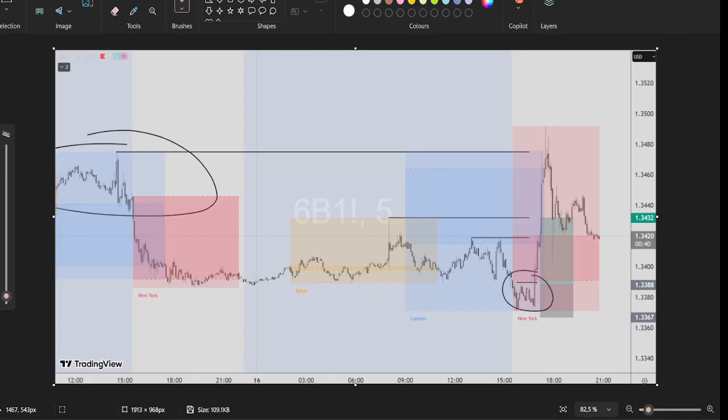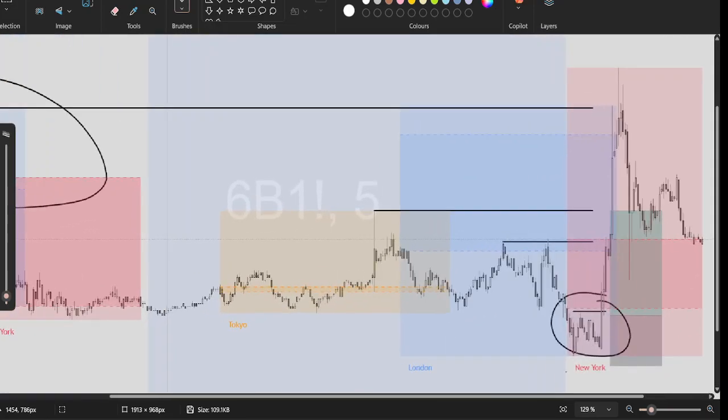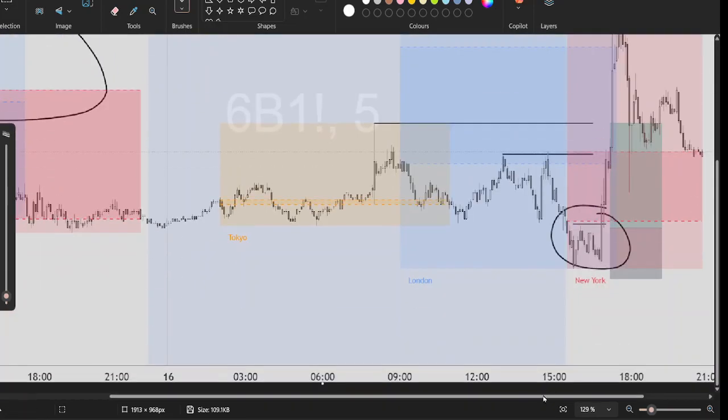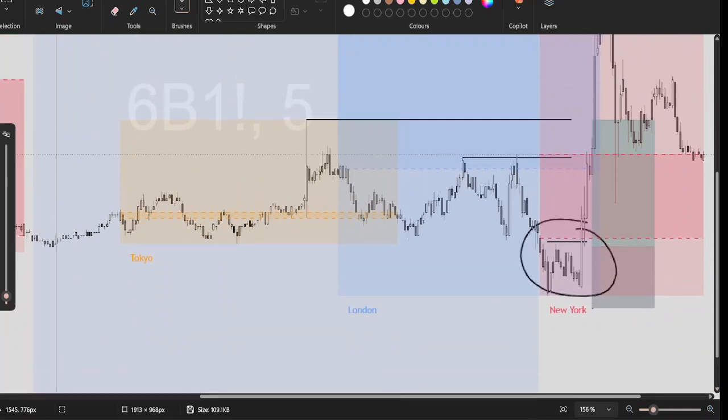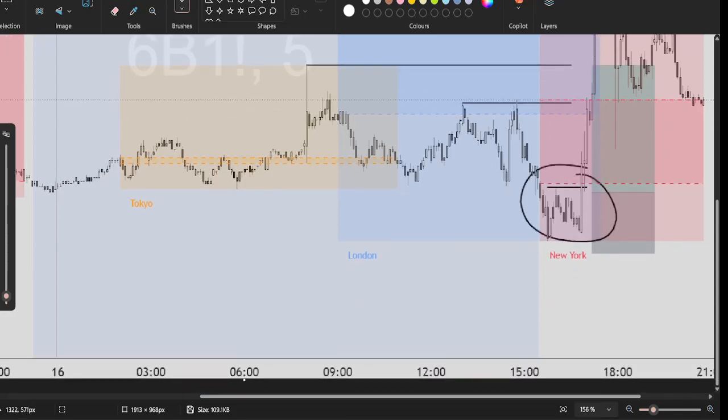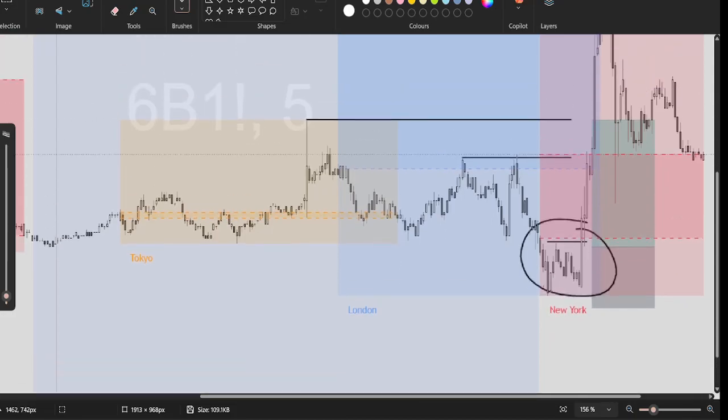And so this is 5 minutes, and I could pull it up on 1 minute and we could see maybe more clearly, but there was a possibility to enter long, but my system does not tell me to do so. The idea is, we have London blue and New York starts, and price gets some energy and moves lower, as we see, lower than before, and then we switch sides with this energy.